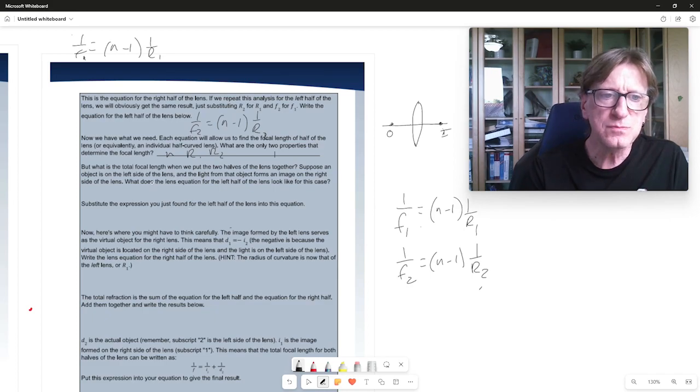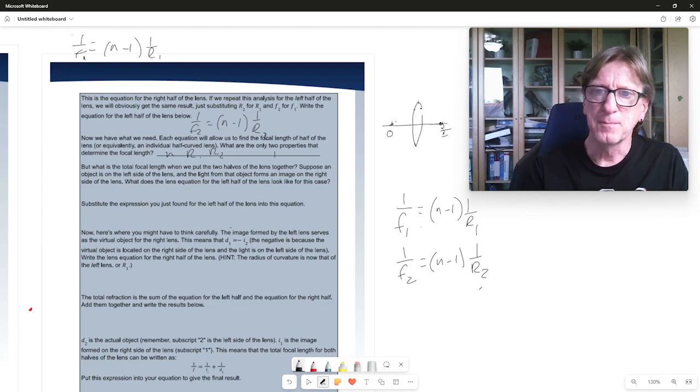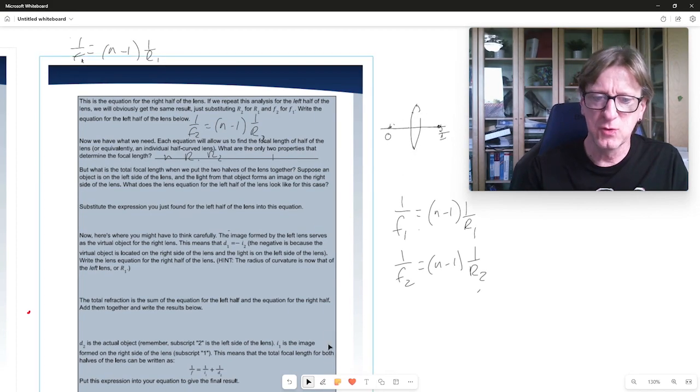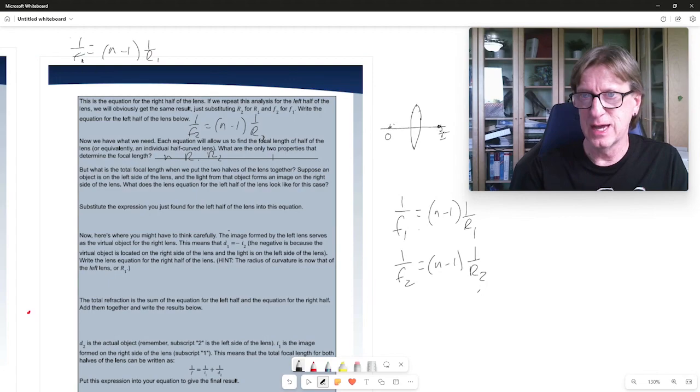We're going to assume that the object, and therefore the light from that object, is on this side. Maybe I've got some dude or whatever, and its light is coming through here, and then that's going to produce an image maybe over here. We're not going to draw our dude because we don't know exactly where he is. This is the normal case, where I've got the object on this side and I'm going to produce the image on this side. So the image is forming on the right half of the lens.